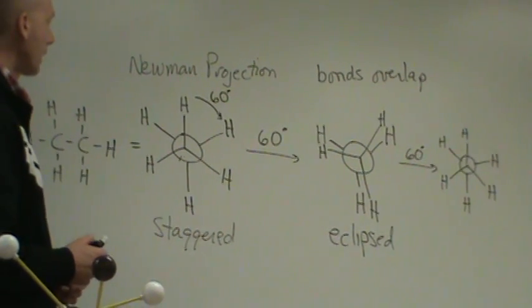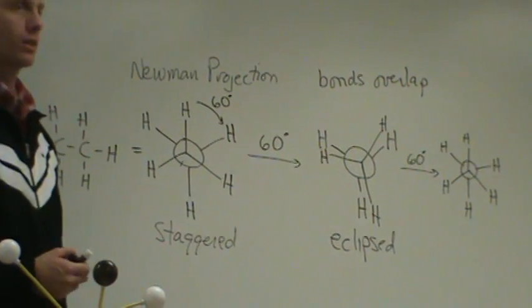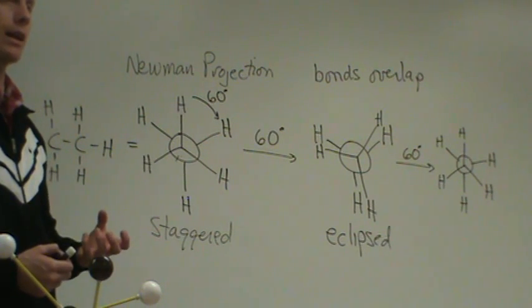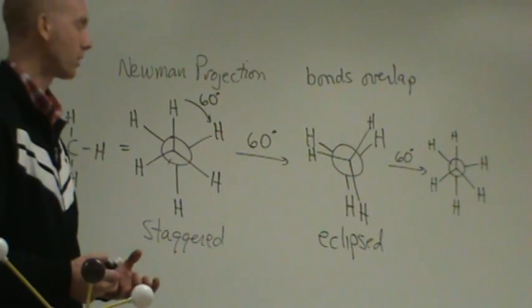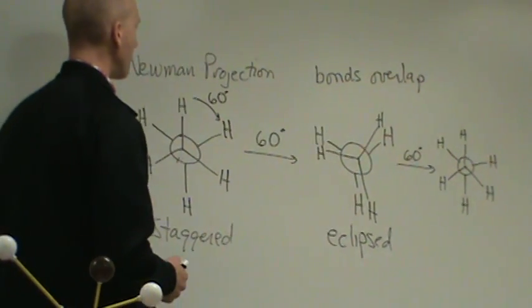Now, there turns out to be an energy difference between the two. Which do you think will have a higher energy associated with it? Which looks like it's maybe more strained? The eclipsed.